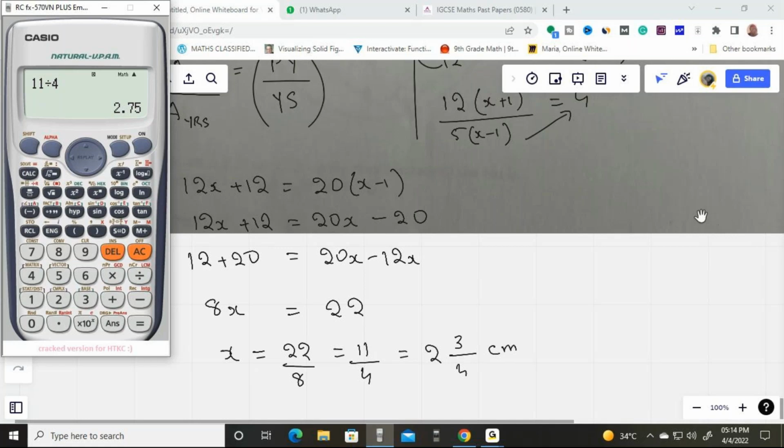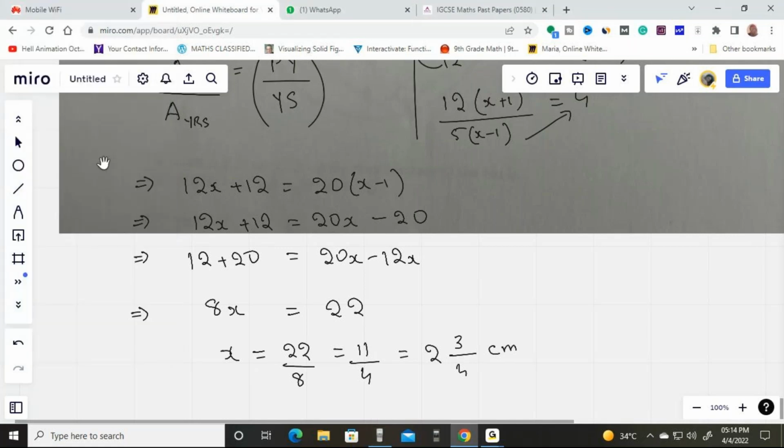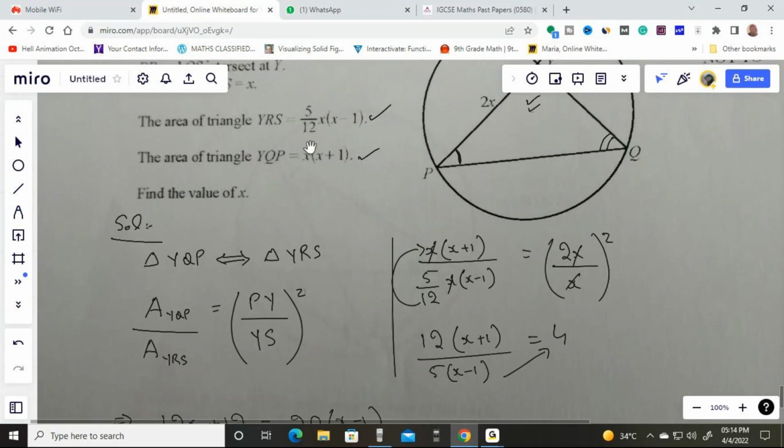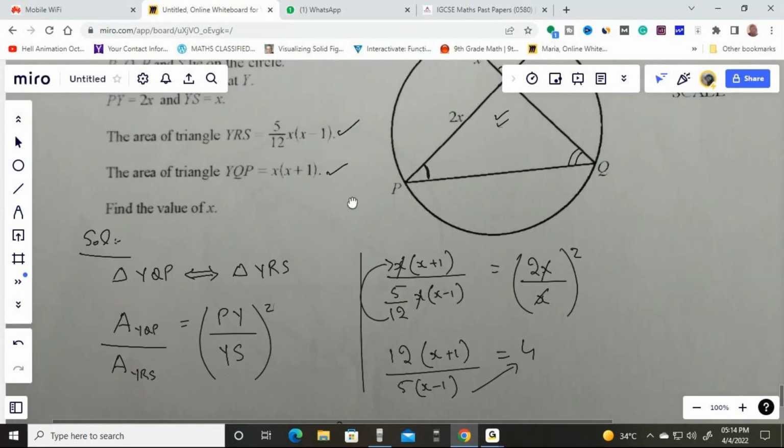And I'm getting 2.6 or so. It means that I've messed up with the calculation maybe. The area of the triangle is the big triangle.